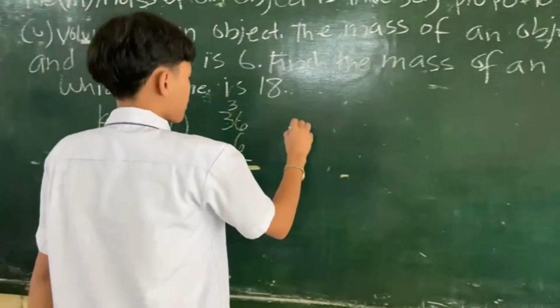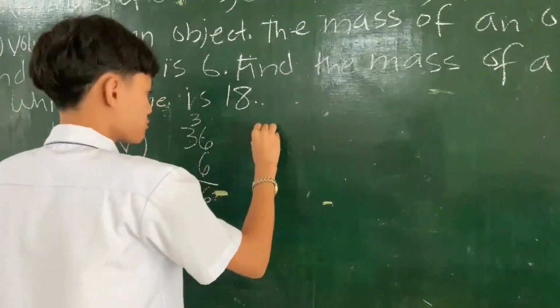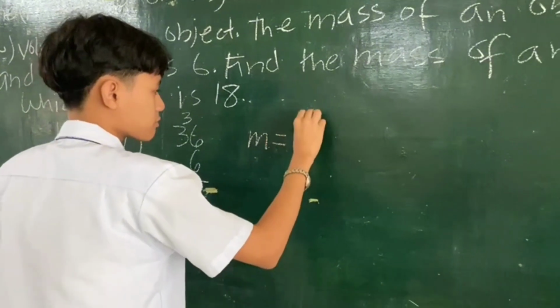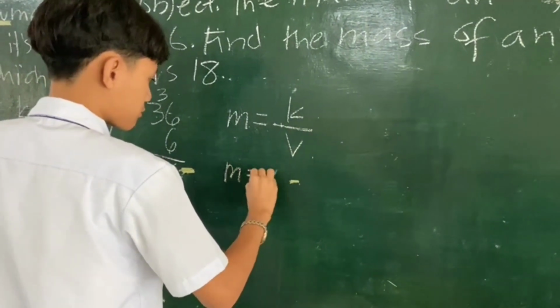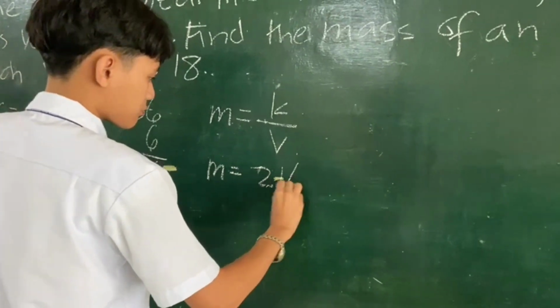Back in the equation, we have M is equal to K over V. So we will divide the constant by the volume.